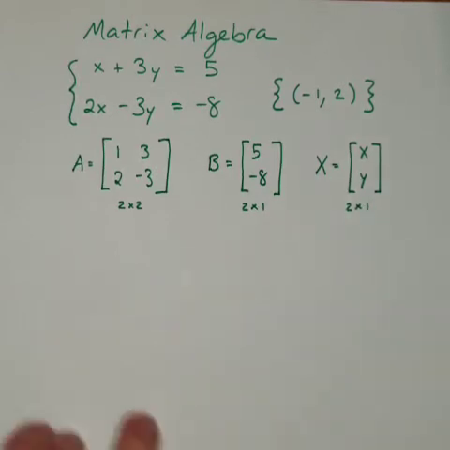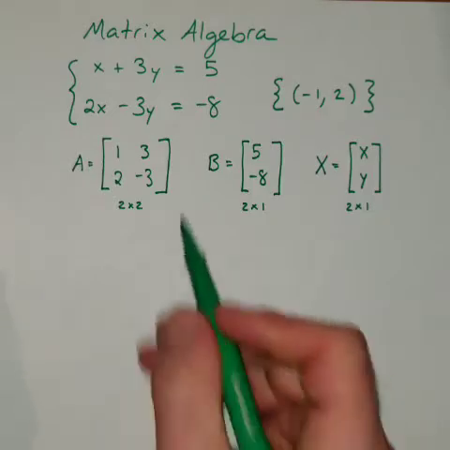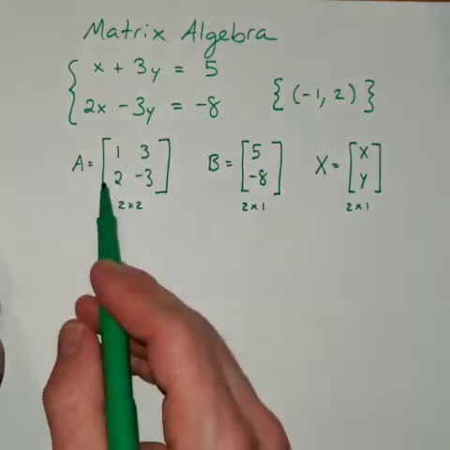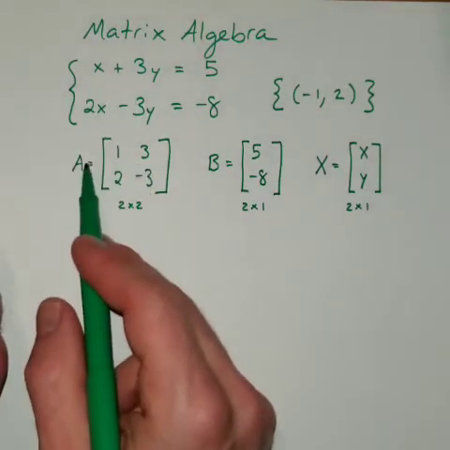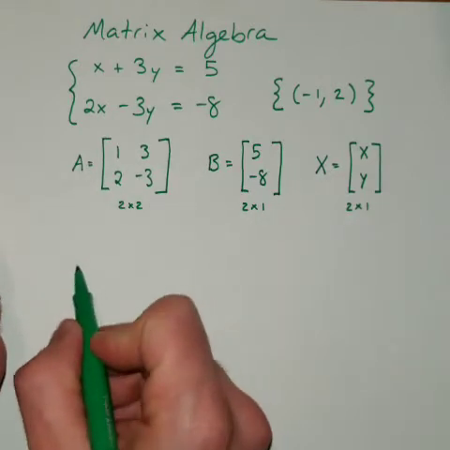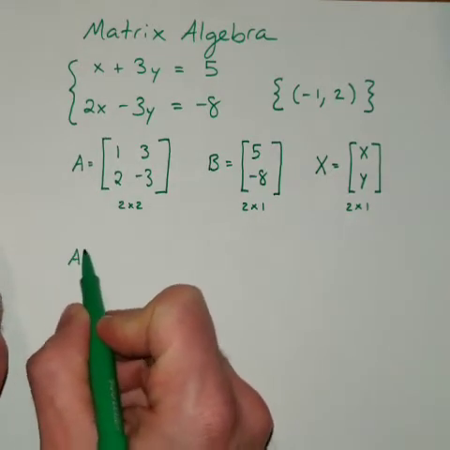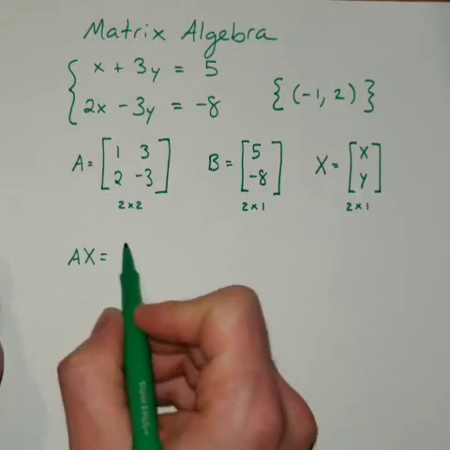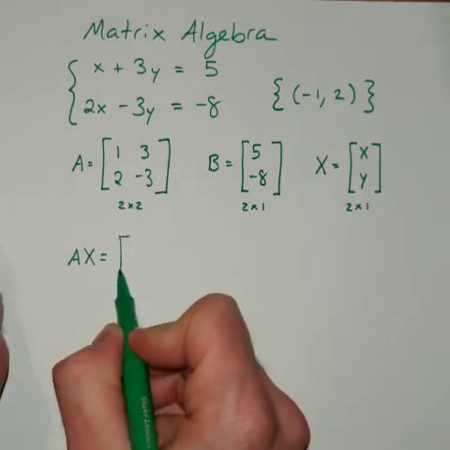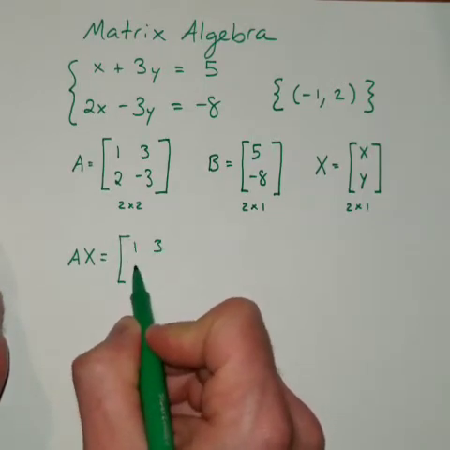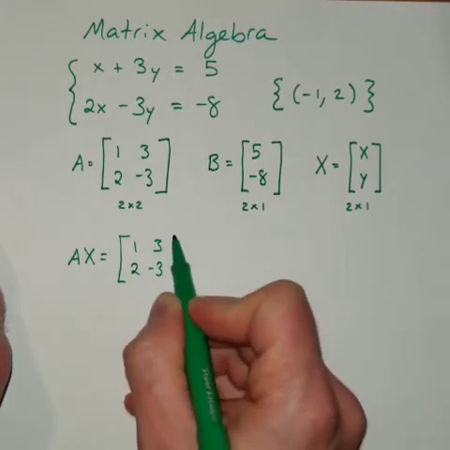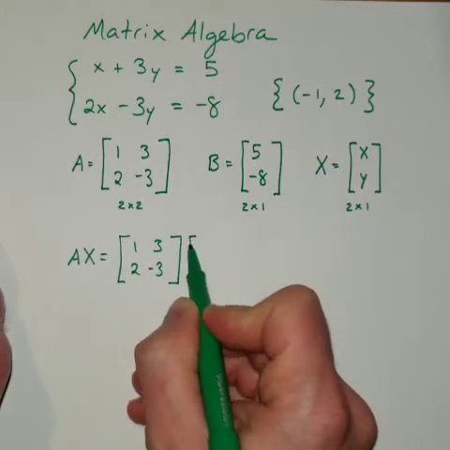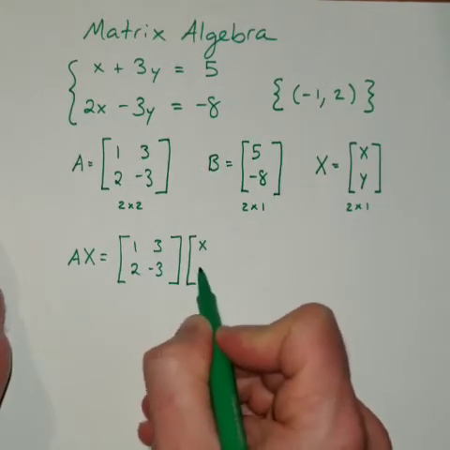And that also is a 2 by 1 matrix. Now what's interesting is that this original system, the left side anyway, is the product of A and X. If you think about it, A times X is actually 1, 3, 2, -3 multiplied by x, y.